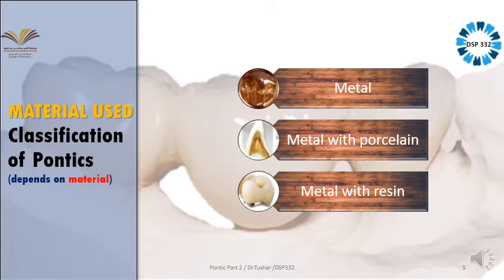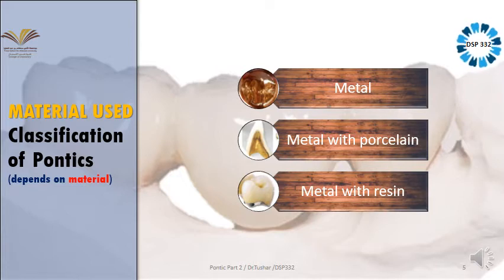And the third one we have is metal with resin. So your metal with porcelain and metal with resin are nearly the same. The only difference is that in place of porcelain we have resin. But nowadays nobody is using this resin. The reason for not using the resin is, number one, that it gets discolored in time.